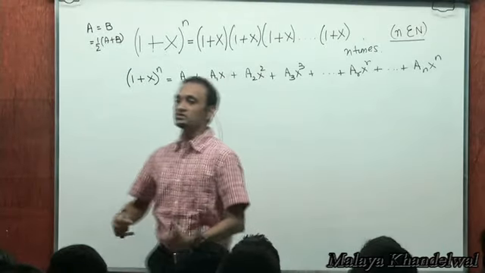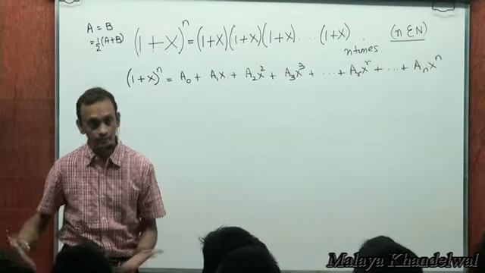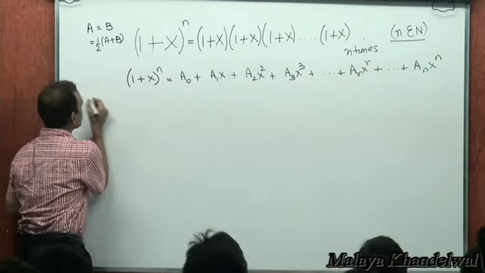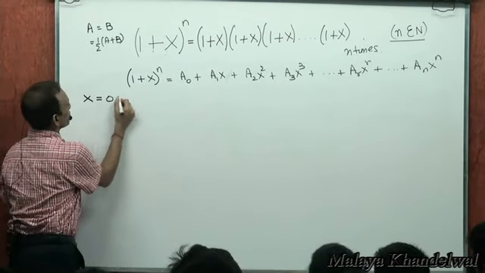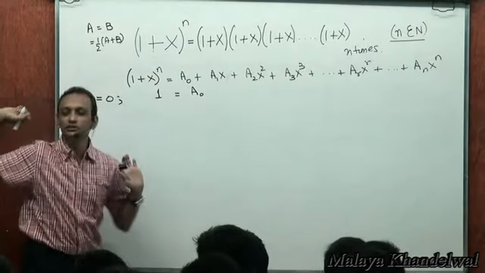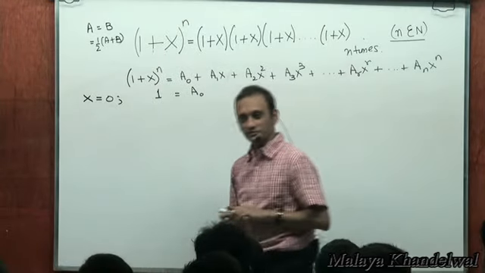Put x equal to 0 on both sides to begin with. Nobody stops you from doing that, right? Putting x equal to 0 on both sides, you get 1 equal to a naught. Ah, good. We know a naught now, right?